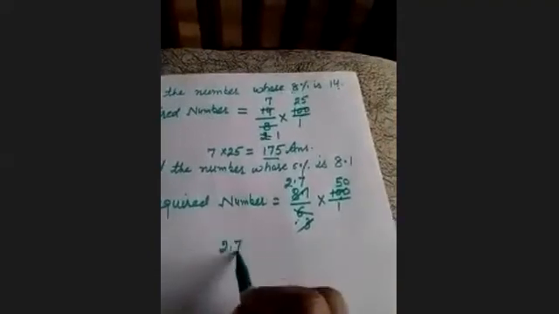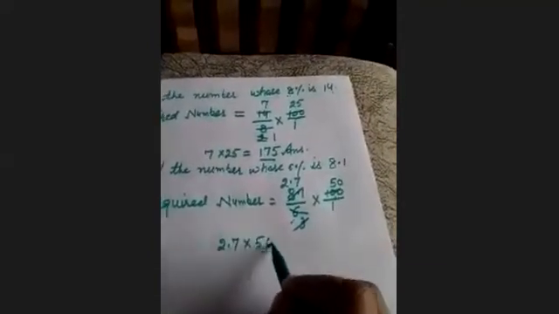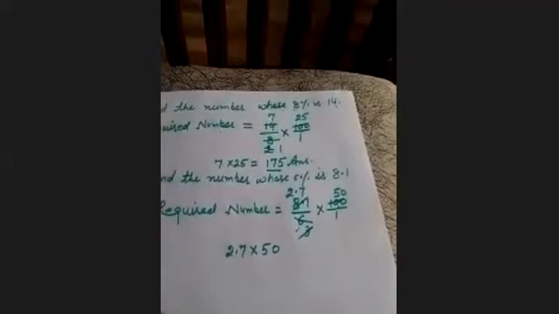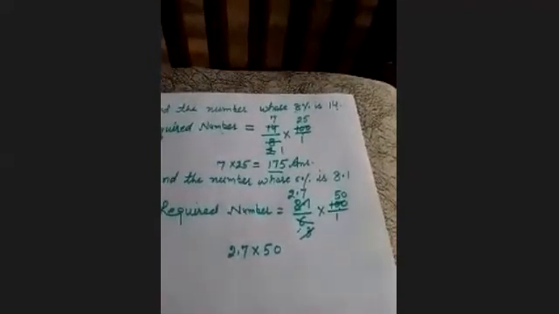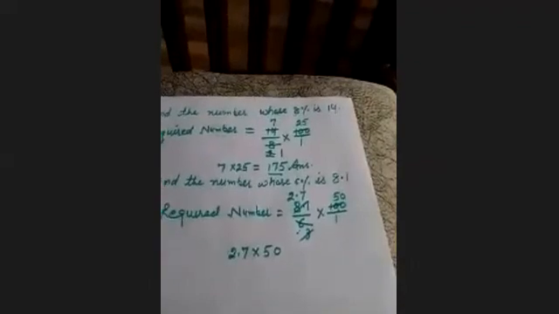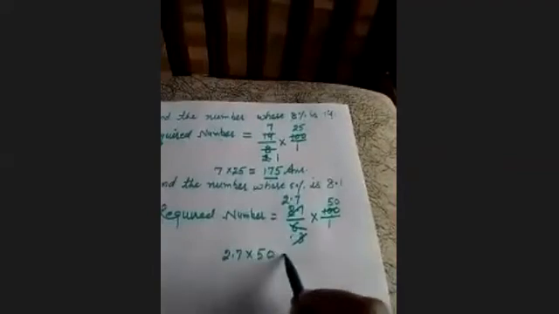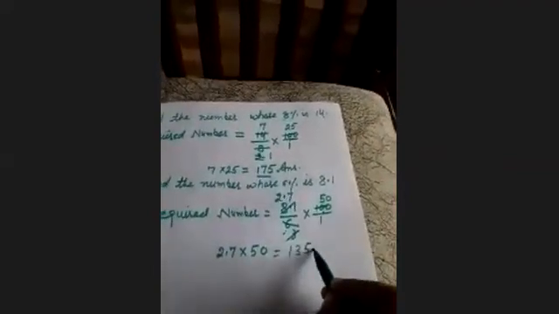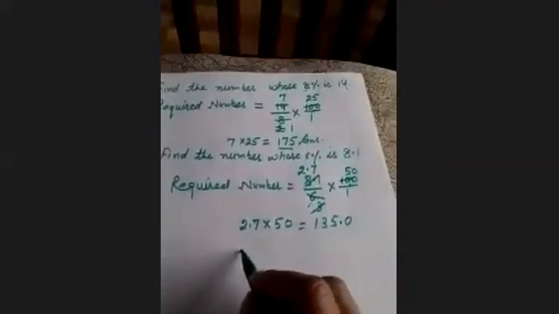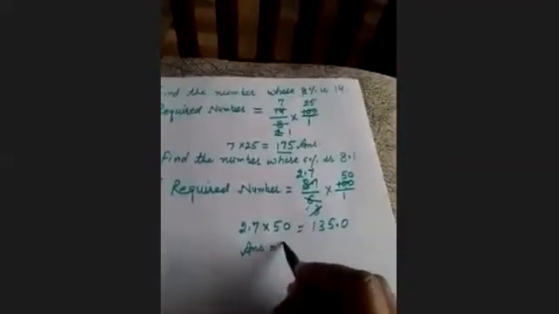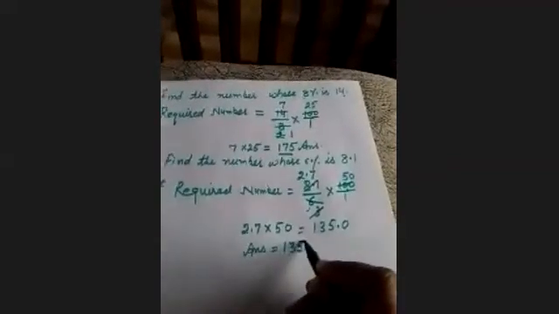Now 2.7 multiplied by 50. 50 into 2.7, that is 135.0. So our answer is 135. So required number is 135.